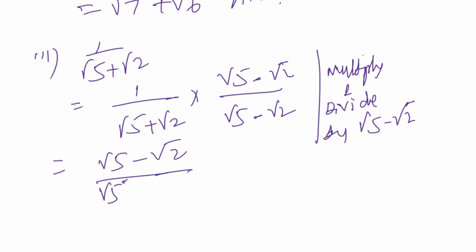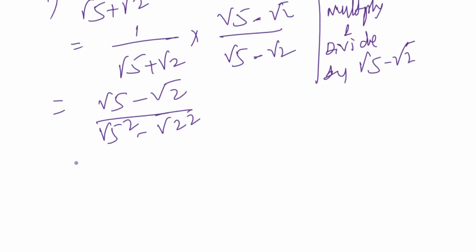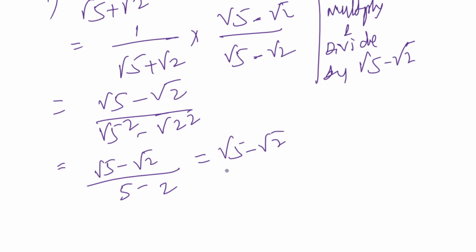So I get a square minus b square. This equals root 5 minus root 2 in the numerator, and in the denominator 5 minus 2. So it gives me root 5 minus root 2 by 5 minus 2, which is 3. So this is my answer.